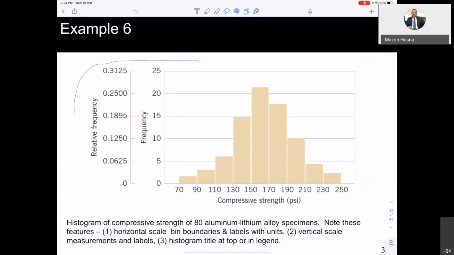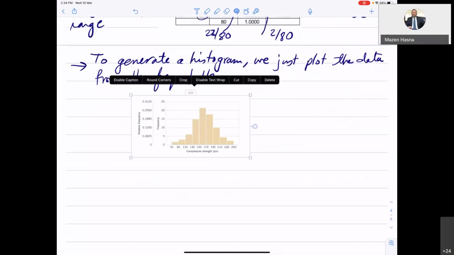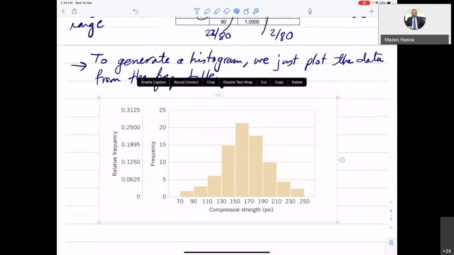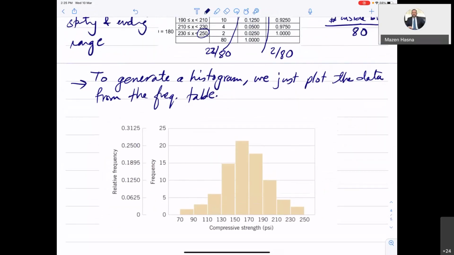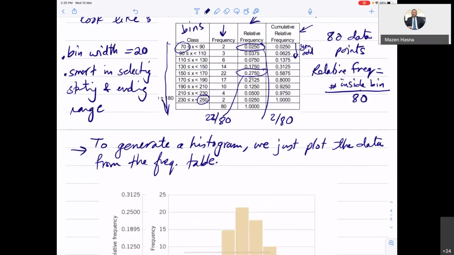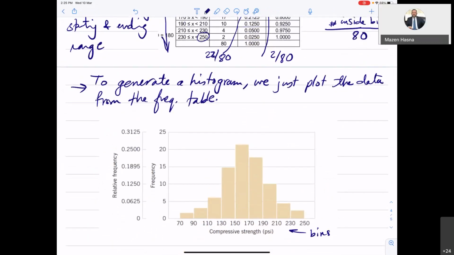So if we plot the data, as you can see here, these are the bins, the ranges that we decided on here, and the height of each box is the number of data that we have.